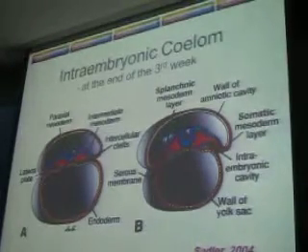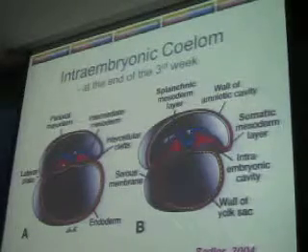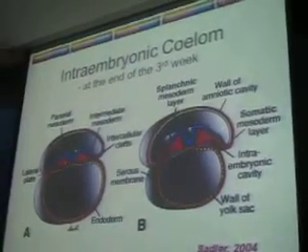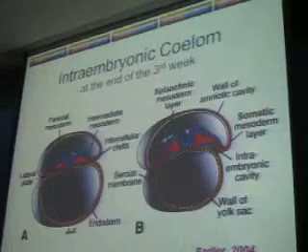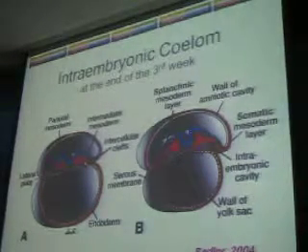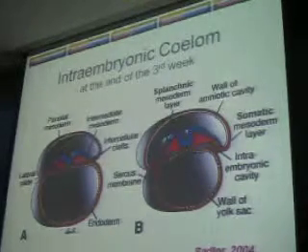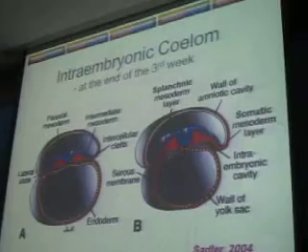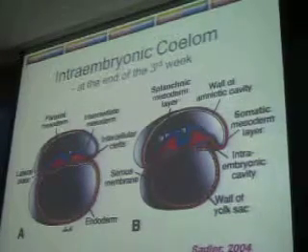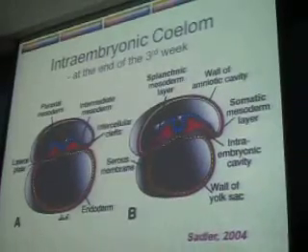First, your paraxial, which contributes to the formation of your somites and somitomeres. Then you will have your intermediate mesoderm, which contributes to the development of your urogenital system. And then you have your lateral plate mesoderm, which is responsible for the formation of your cavities.